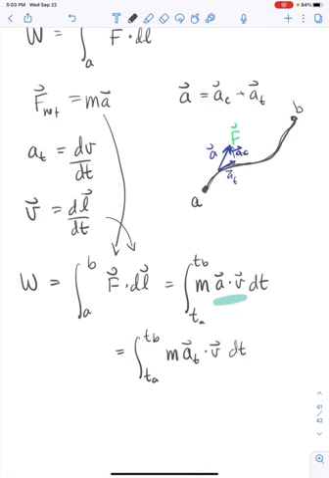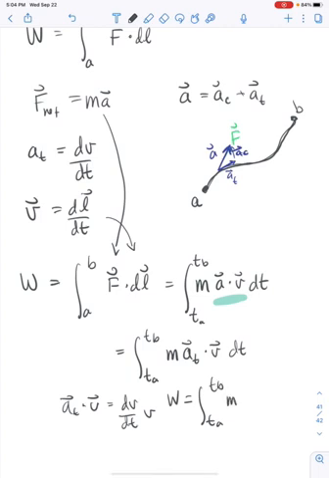And remember, a_t is the change in speed over time, and so this a_t dot v is equal to dv/dt times v, because those are in the same direction, right? And so then the work now is equal to the integral from t_A to t_B of m dv/dt v dt.